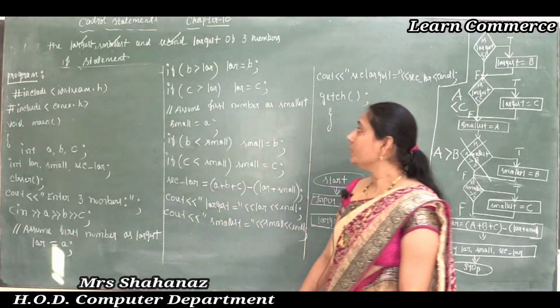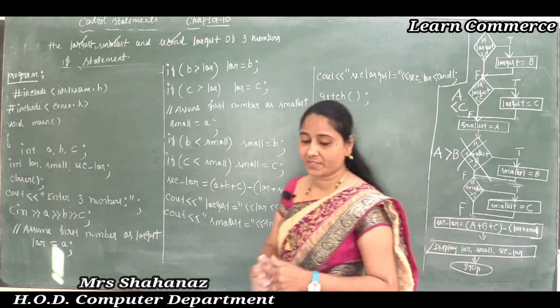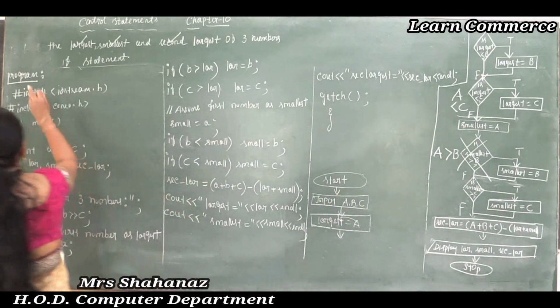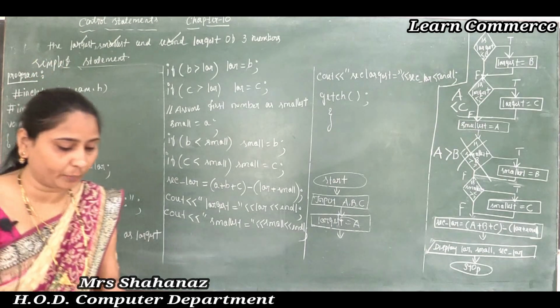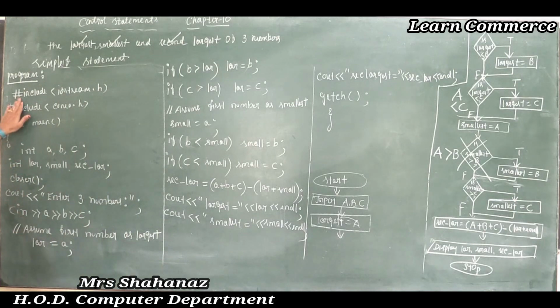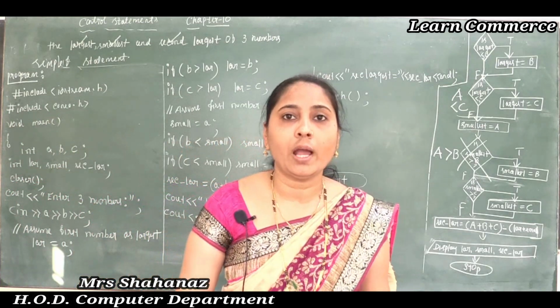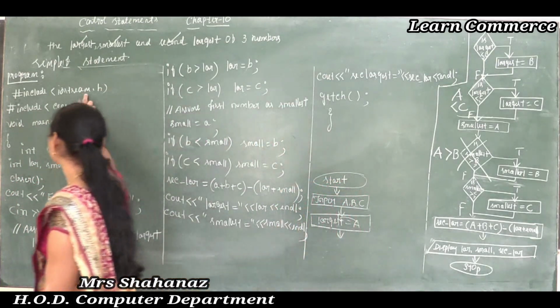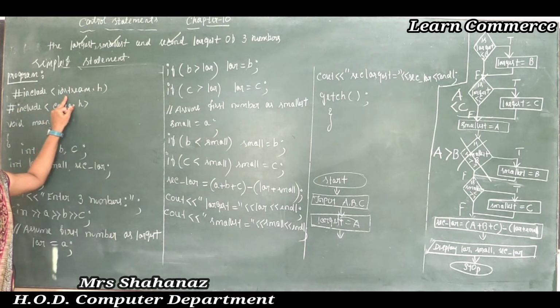After completing the solution for the largest, smallest and second largest using a simple if statement, along with the algorithm and flowchart, now let's see how to write the program of the simple if statement. As we know, every program starts by using the header file. The header file is hash include angle bracket iostream.h. I/O, input and output streams, are objects.